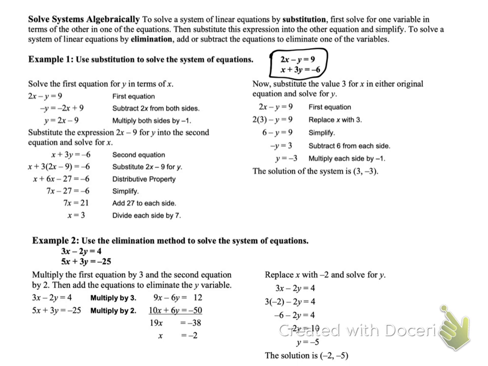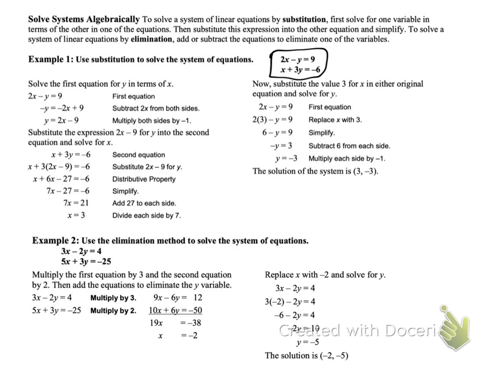So the key to substitution is we want to isolate one of the variables. You can isolate the x or y. If I was working this out, I honestly would isolate the x here, just because it's one step. But the book here did 2 steps. So they subtracted 2x, got negative y equals negative 2x plus 9.